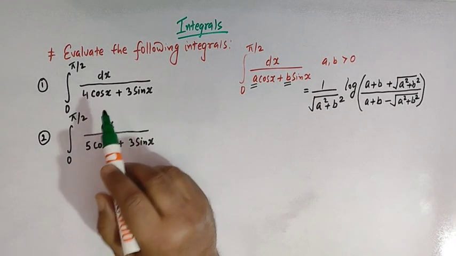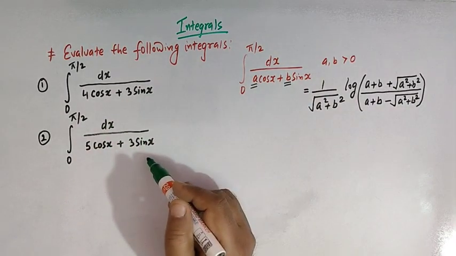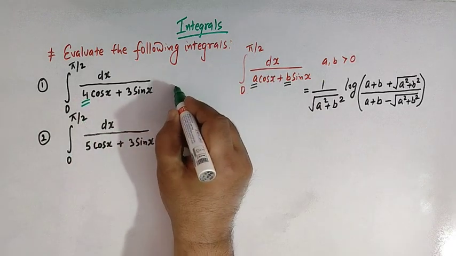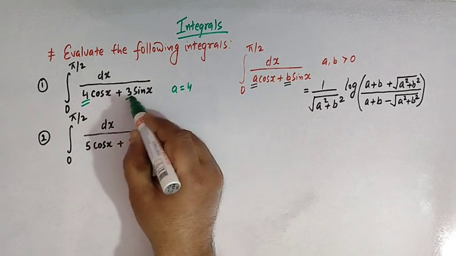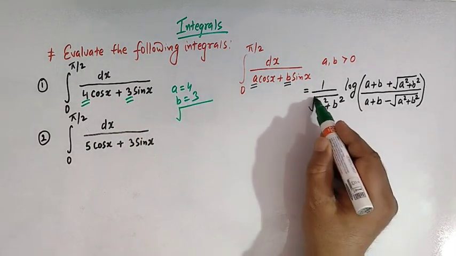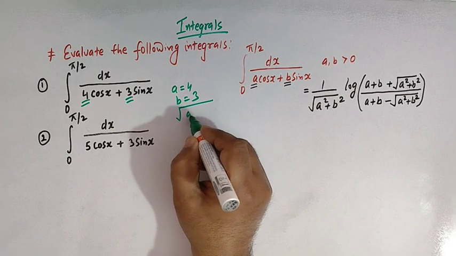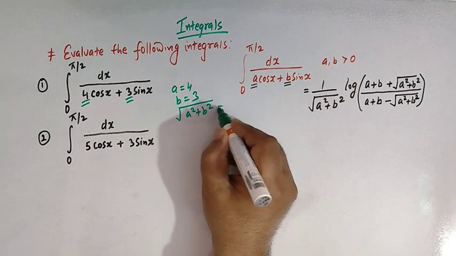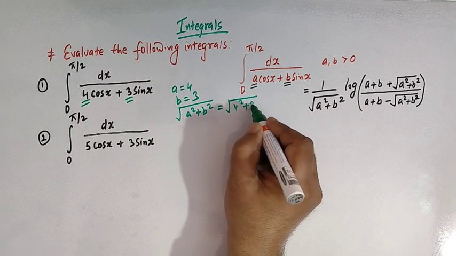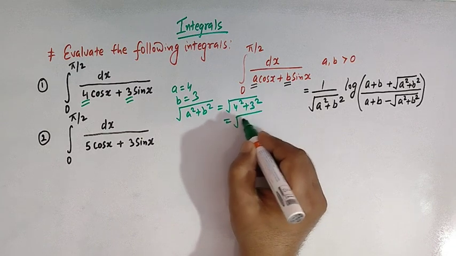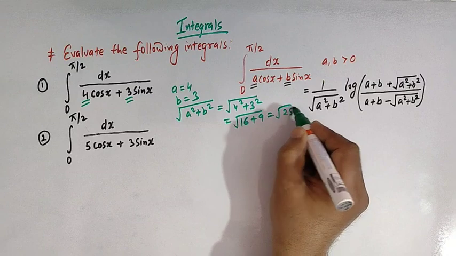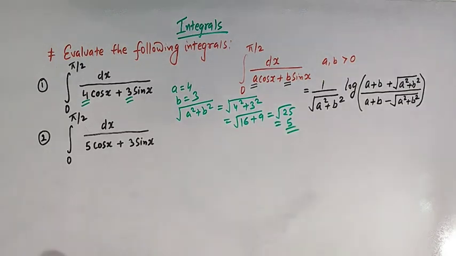Now let us apply this rule to these two integrals. If we compare the first integral with this one, the value of a is 4 and the value of b is 3. Then square root of a square plus b square is square root of 4 square plus 3 square, that is 16 plus 9, square root of 25, which is 5.